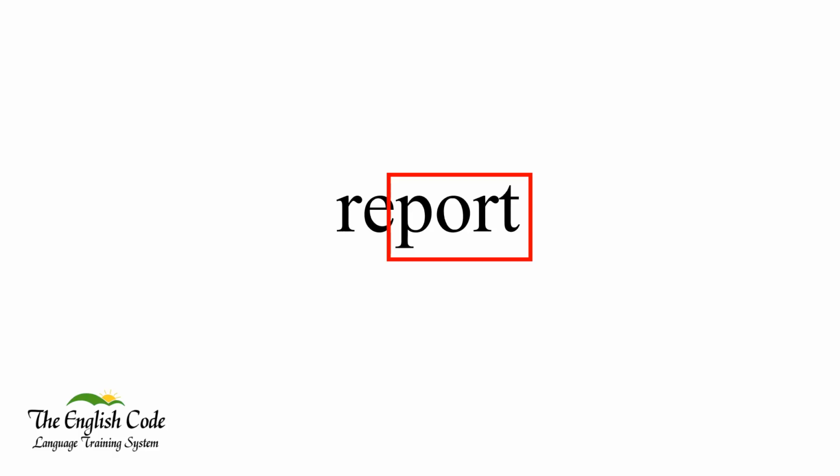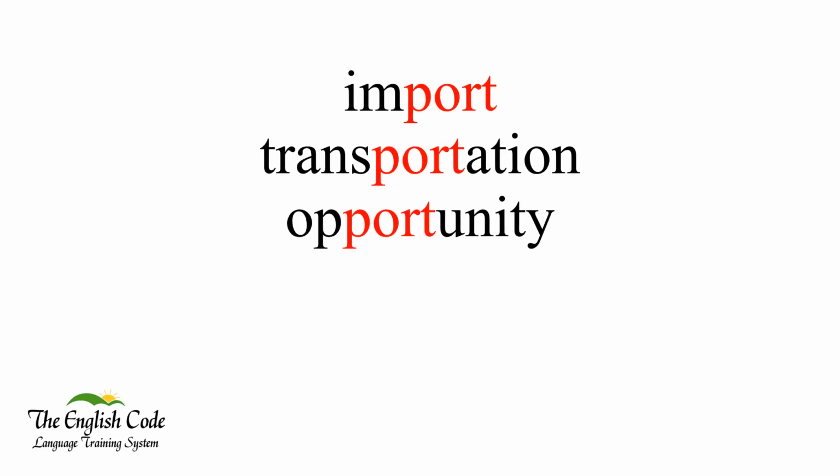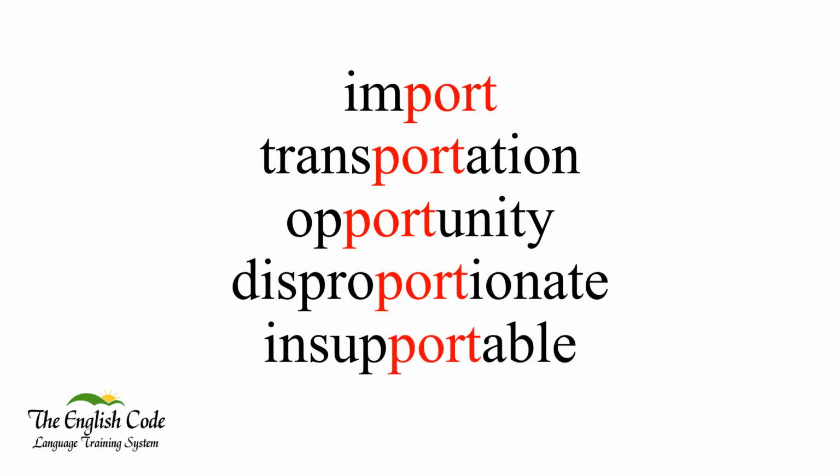Any word that contains this root must revolve around the concept to carry. For example, import, transportation, opportunity, disproportionate, insupportable, they all have the same root. Each of these 5 words on your screen revolves around the concept to carry.